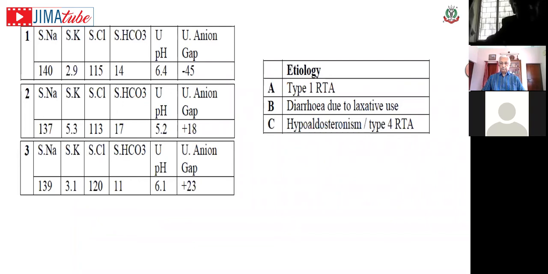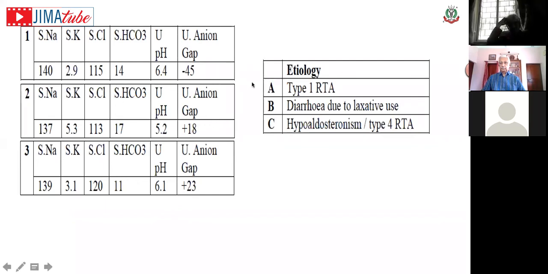As you know, in diarrhea there is metabolic acidosis. So if there is a lot of metabolic acid, this acid is excreted through the kidney as ammonium ion. Kidneys cannot excrete hydrogen ion as such. It has to be combined with some other ion, so ammonia is the one. So the kidney excretes ammonium chloride.